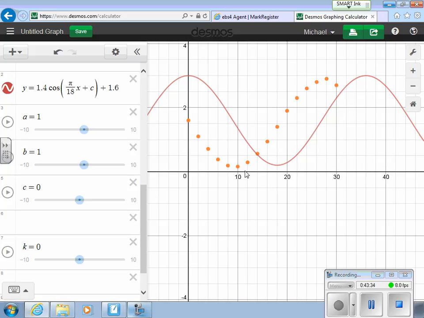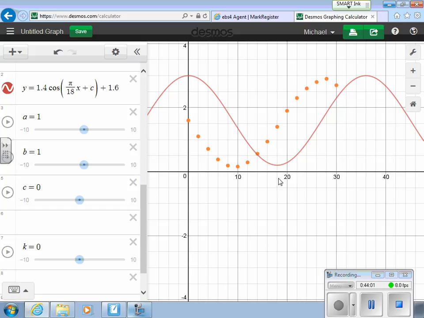So we could look here and here in terms of time, and we could use those two, should get the same result. So there's a negative peak here at 10 seconds, and there's a negative peak here at 18 seconds, let's say. So we've got an 8-second difference.